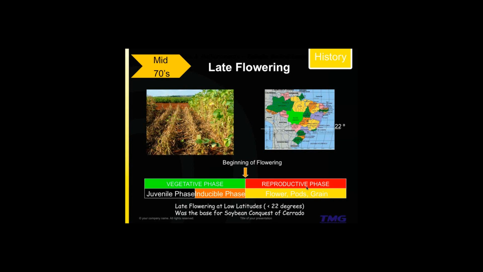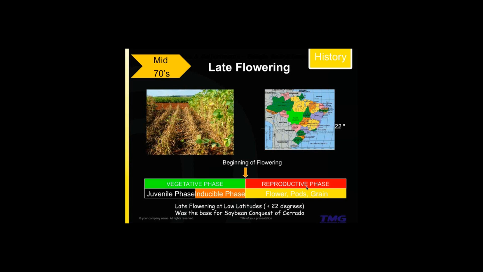They were among the first to study the long juvenile trait here in Brazil. On the picture on the left, we can see the difference that the trait makes in central Brazil.